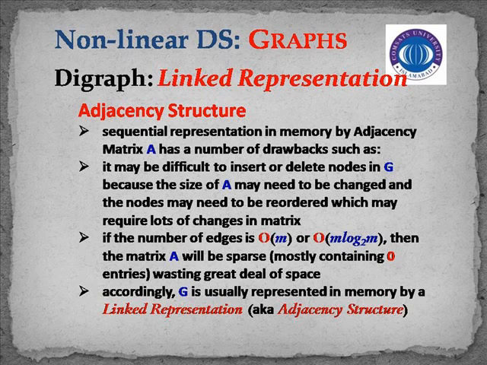It may be difficult to insert or delete nodes in a graph G because the size of A may need to be changed and the nodes may need to be reordered, which may require lots of changes in adjacency matrix A. If the number of edges is O of m or O of m log m, then the matrix A will be sparse, mostly containing 0 entries and wasting a great deal of space.